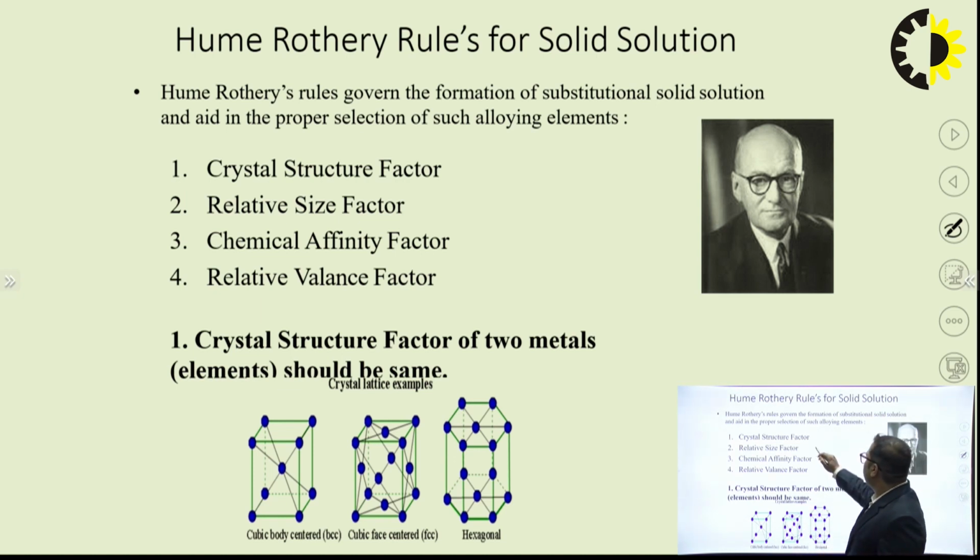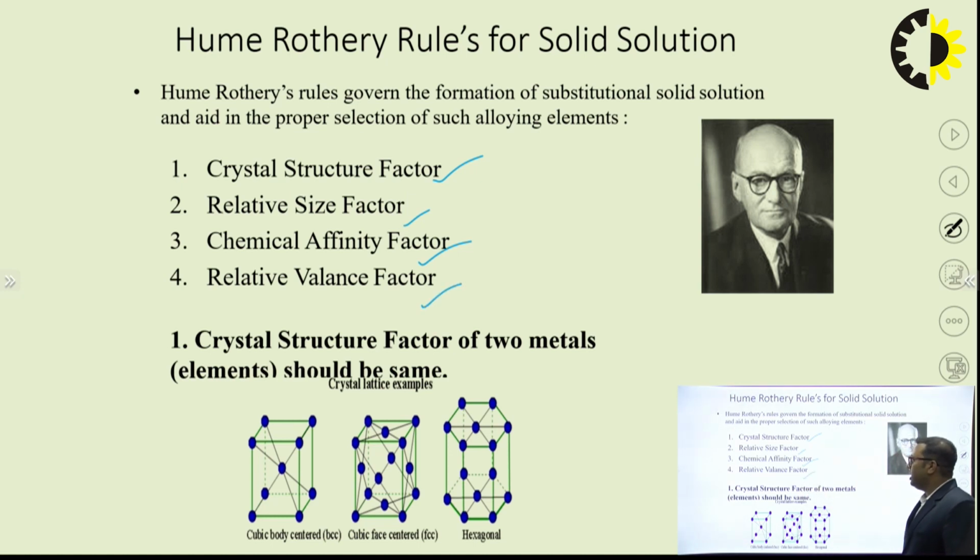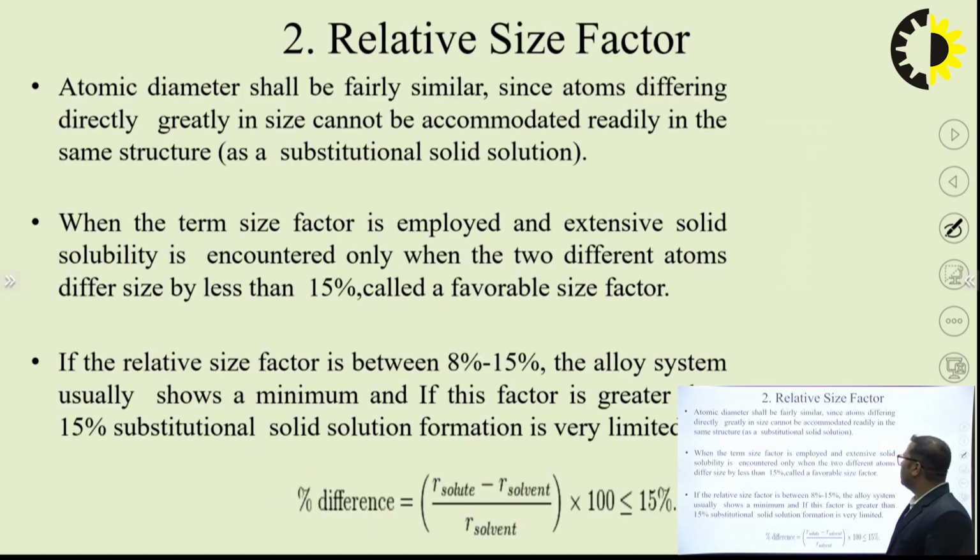The first condition depends on what the crystal structure factor is, what the relative size factor is, what the chemical affinity factor is, and lastly what the relative valence factor is. The crystal structure of two materials should be the same in order to form the alloy. This is one of the important conditions, that their crystal structure should be the same.